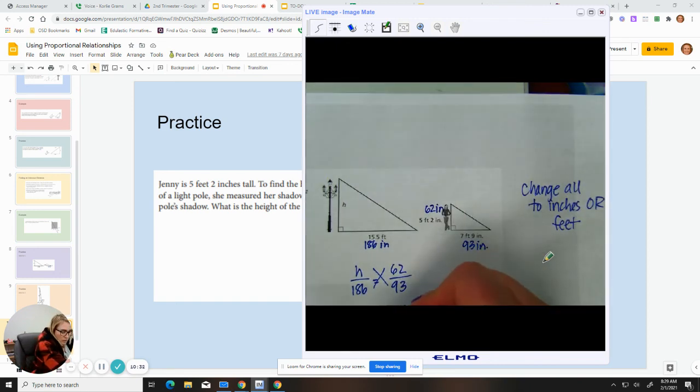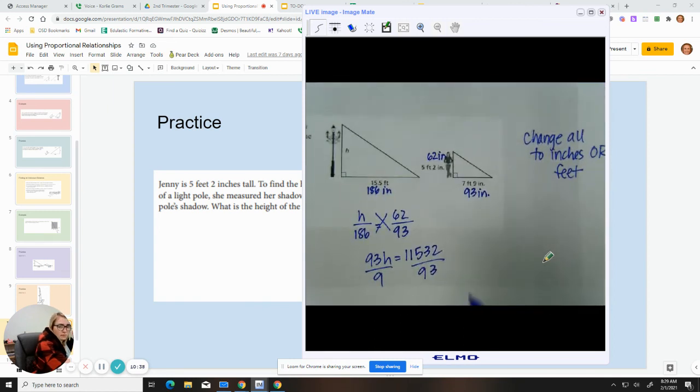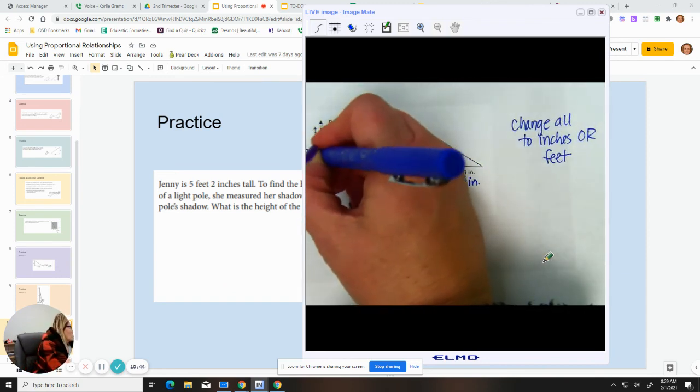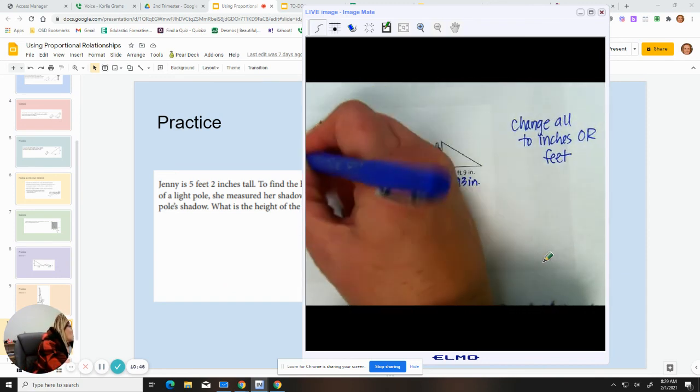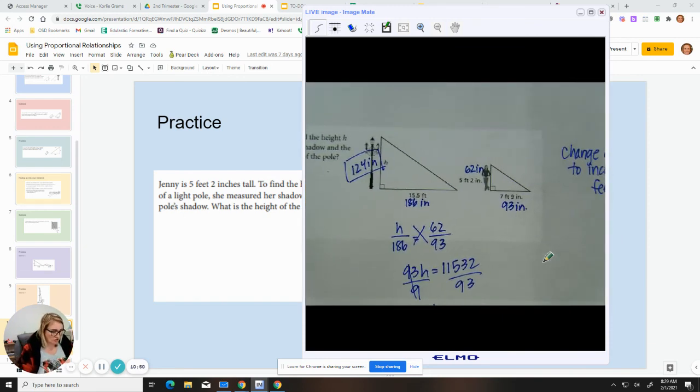I get 11,532 divided by 93, and h is equal to 124 inches. Now, if at this time you wanted to go back and change it to feet, you could.